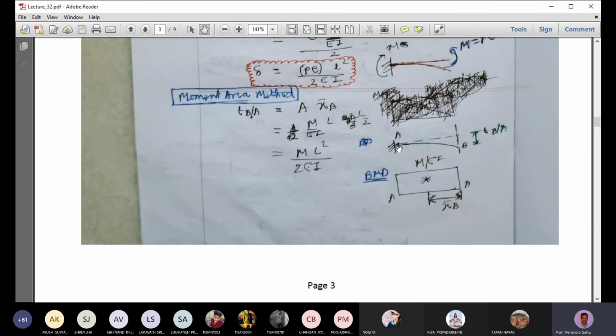So to find that, we'll draw the bending moment diagram. So that will be a constant bending moment diagram, and we draw the deflected curve. At A we draw a tangent, and at B we draw a vertical line.